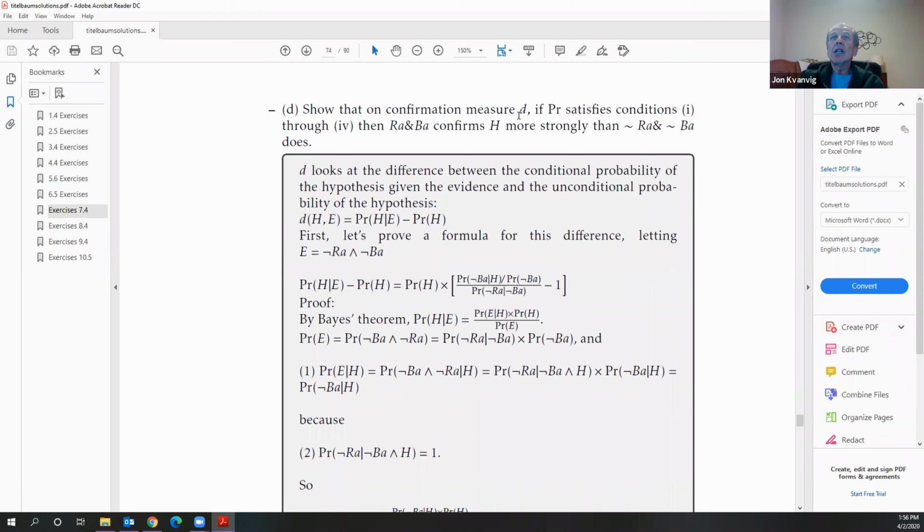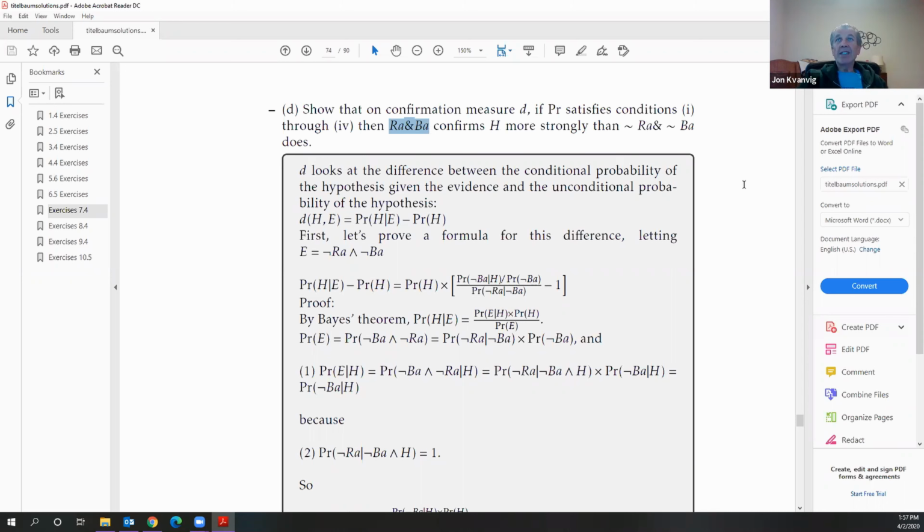So show that on confirmation measure D, if PR satisfies conditions 1 through 4 above, then RA and BA confirms H more strongly than not RA and not BA does. So this is what a Bayesian is hoping. When you find a black raven, that counts in favor of all ravens being black much more strongly than does a non-black non-raven.